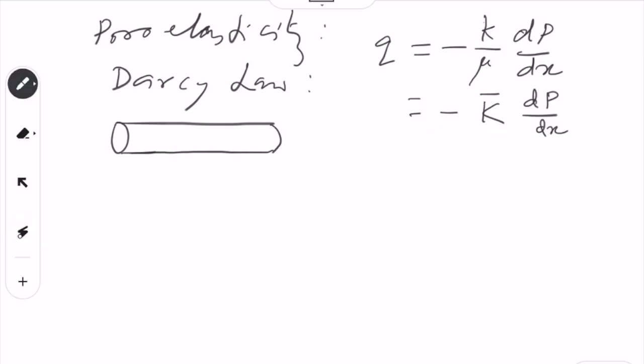So how can we write the equation same as earlier? Let's say this is 1, this is 2, okay. So again this is per unit area type of thing, so we can write q is equal to minus kA over mu multiplied by dp over dx.